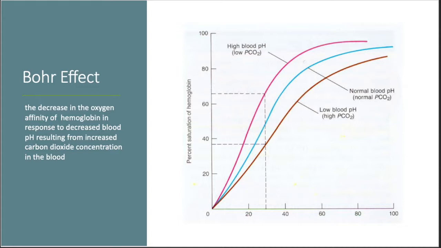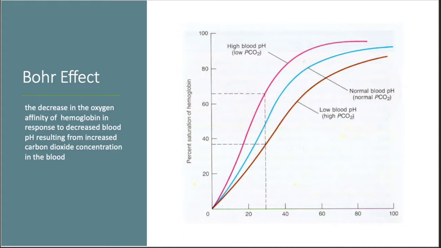Now, to think about it like this, when we talk about increased partial pressure, we're just going to say the amount increases to simplify things. I like to think of things in a more simple way. I think it makes it easier to understand. So if there's an increase in partial pressure, you're going to have an increase of that substance. For say, an increase in partial pressure of carbon dioxide, you're just going to have an increase in carbon dioxide.